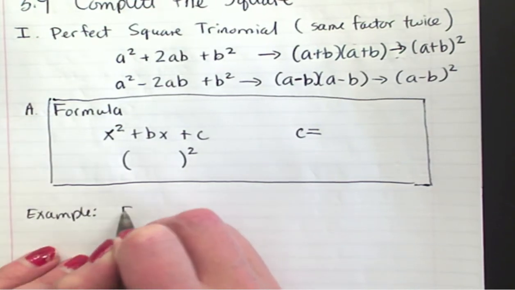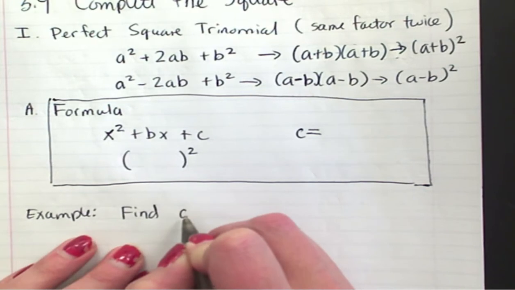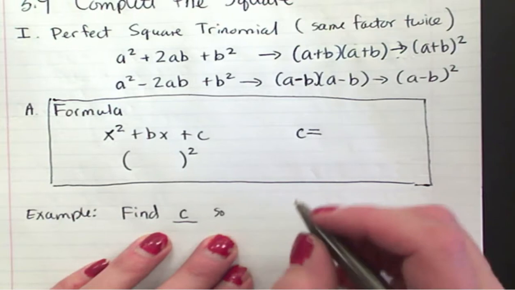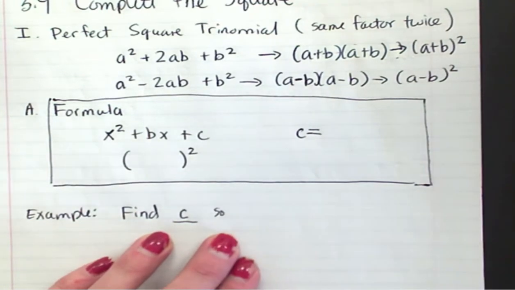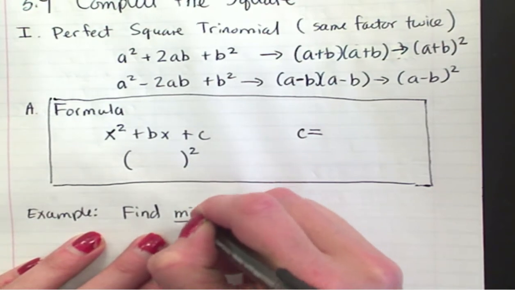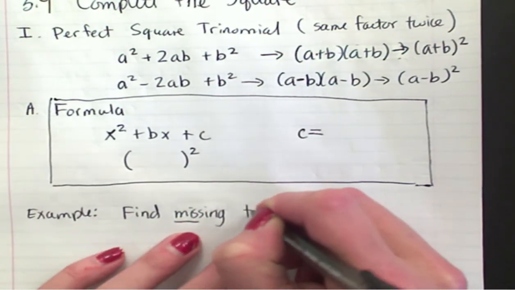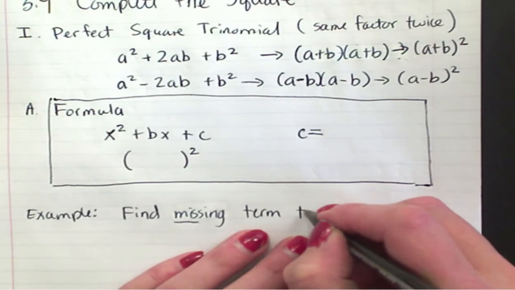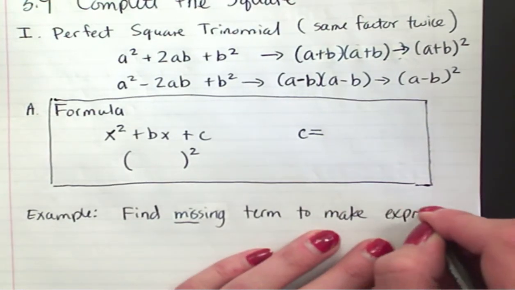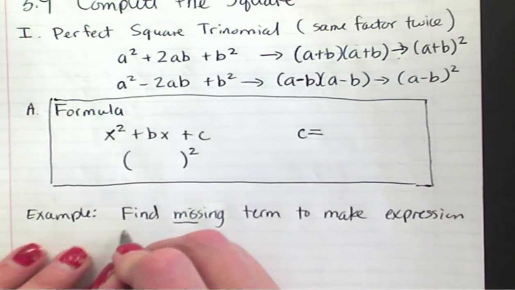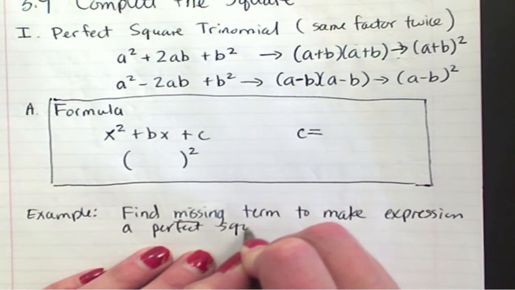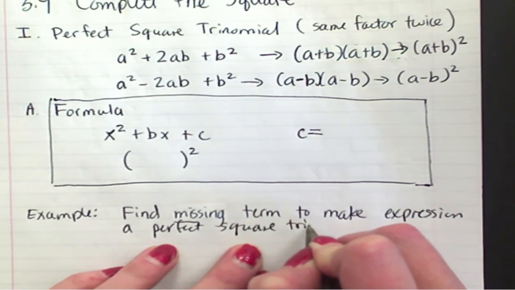Examples. Okay. Find C. Okay. So find the missing term to make the expression a perfect square trinomial.